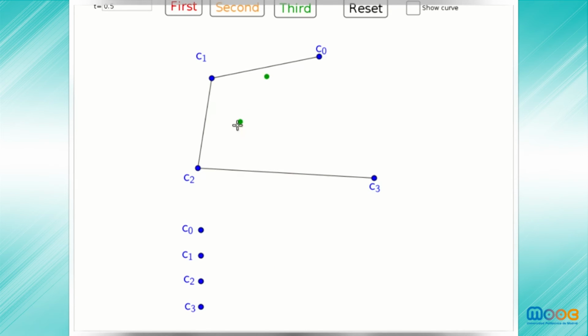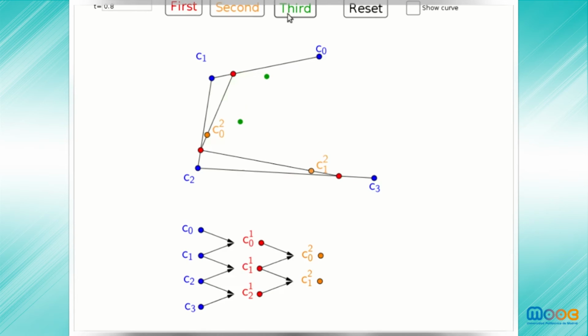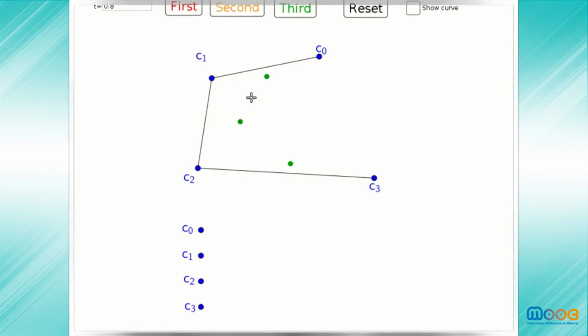And this point, again, will be a point on the curve. We change t, we do the same thing, the 3 steps of the Casteljau algorithm, to get a new point on the curve. All these points will be on the curve. Every point on the curve is calculated in this way. And finally, calculating many of them, we get the whole curve.